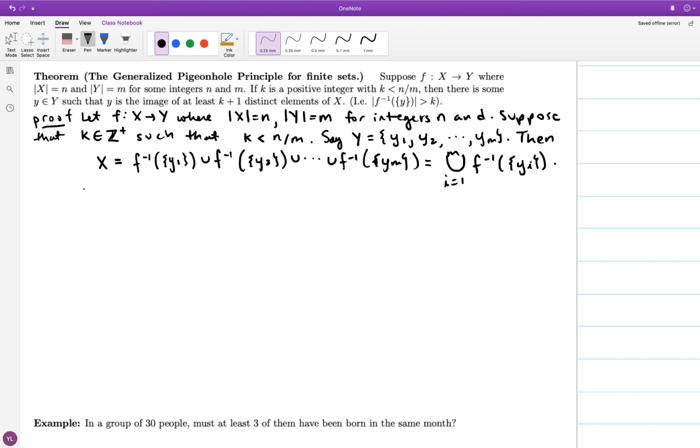So the counting principles that we studied in the previous chapter tell us that since this is a disjoint union, of pairwise disjoint sets, then the number of elements in X, which is the number n, is equal to the sum of the numbers of elements that we have here. The book would use a different notation, but I think it takes less ink to use the cardinality notation.